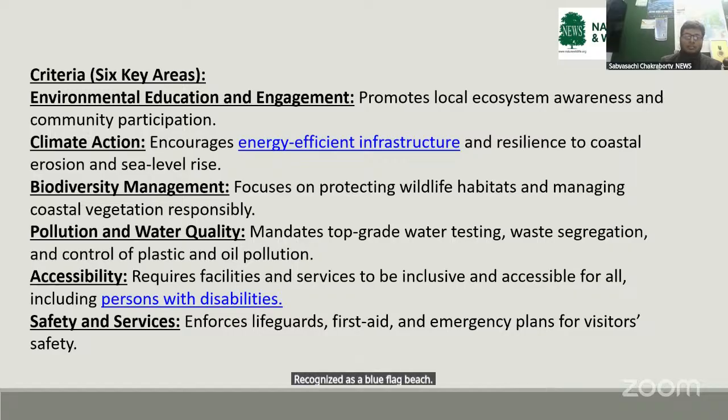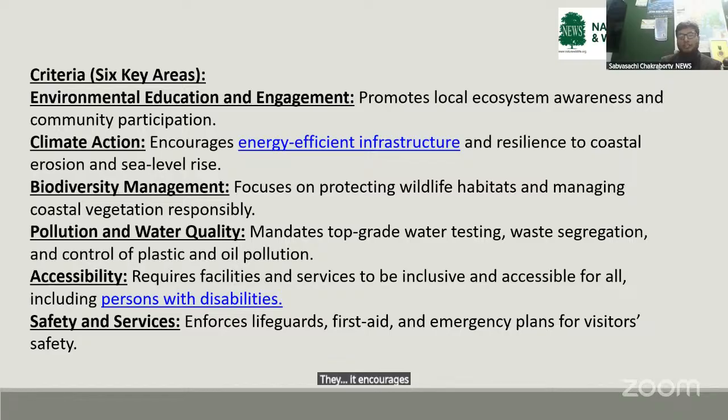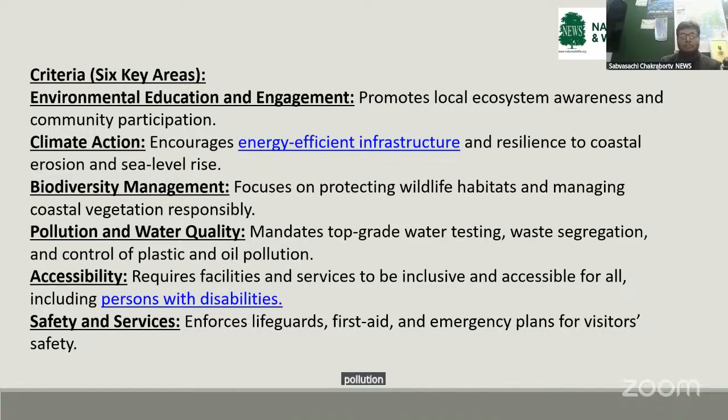Environmental education and engagement promotes local ecosystem awareness and community participation. Climate action encourages energy efficient infrastructure and resilience to coastal erosion. The others are biodiversity management, pollution and water quality, accessibility and safety, and services.